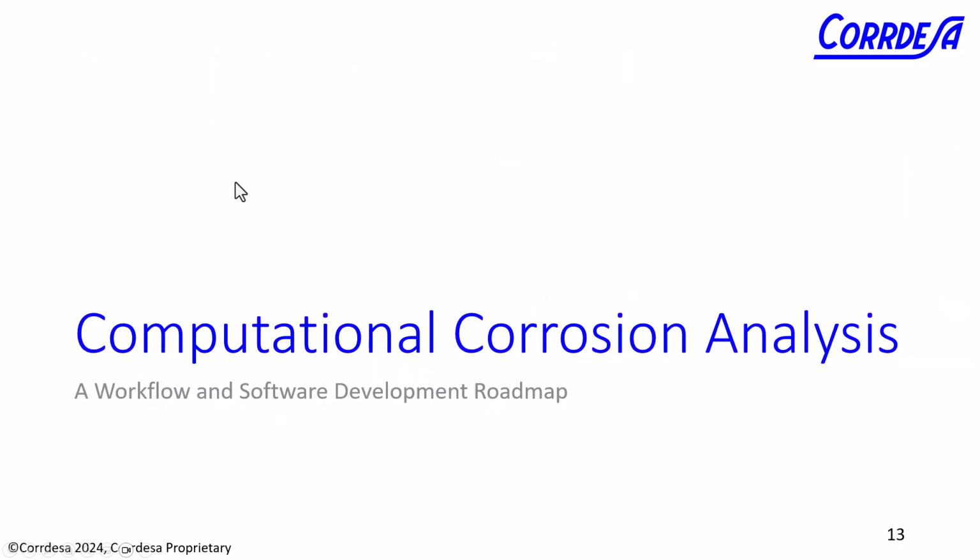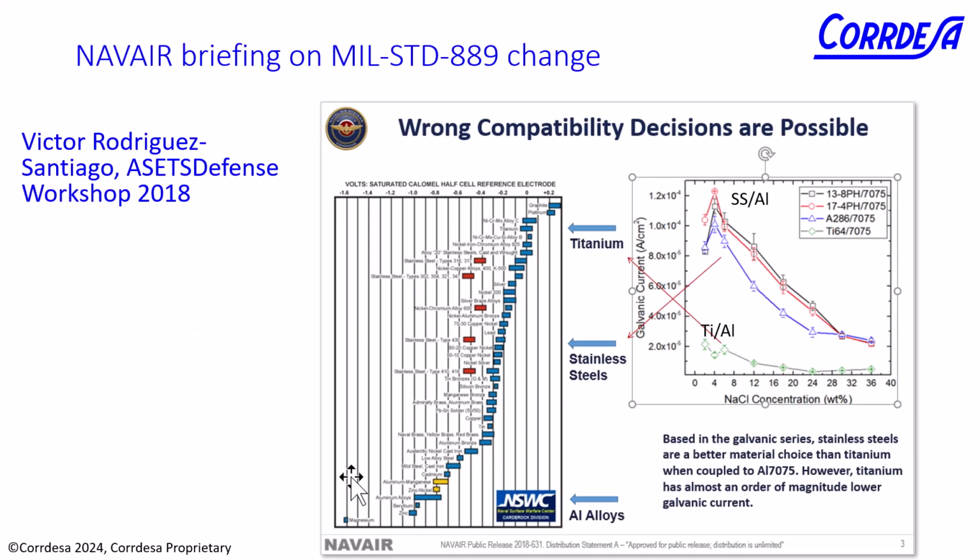Okay, let's talk a bit about computational corrosion analysis. So essentially, we need to take a step back. For instance, many folks would be familiar with the galvanic tables. At high school electrochemistry, you would have learned of the galvanic tables and how a larger potential difference would suggest a larger corrosion risk.